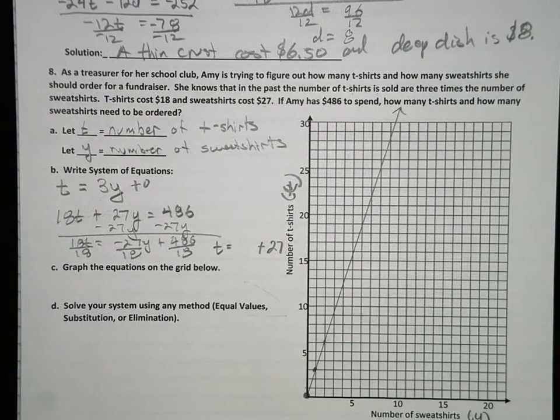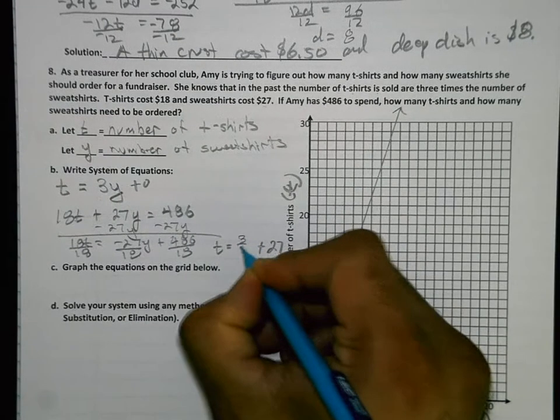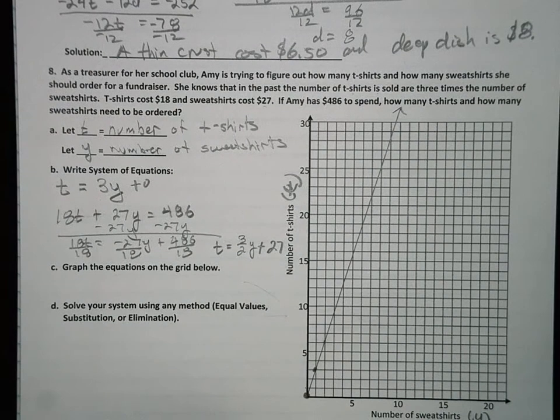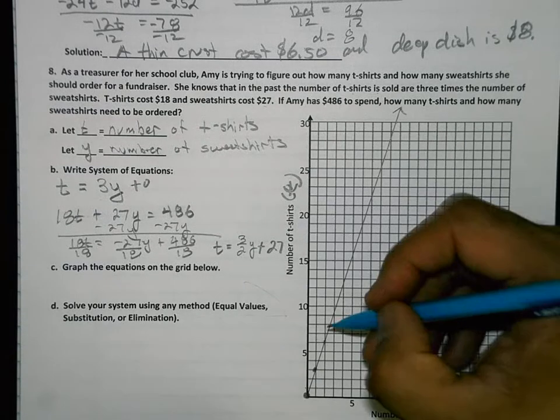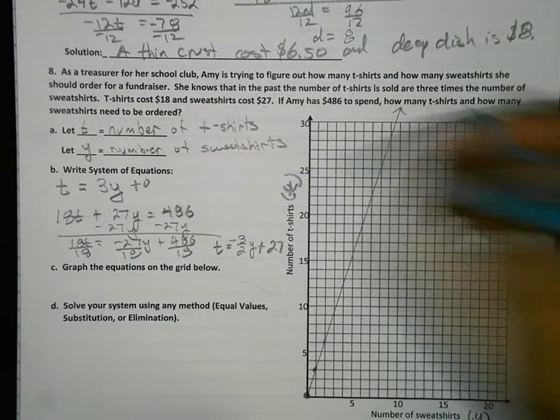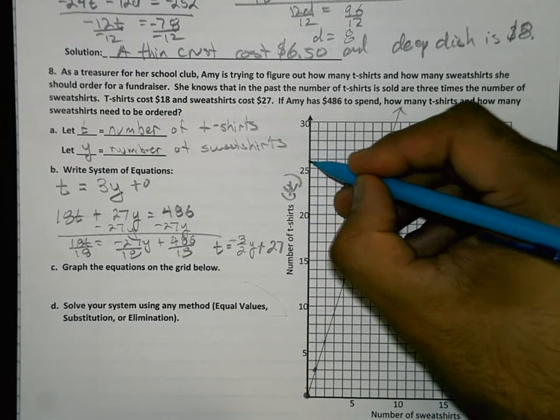So 3 over 2. Okay. So start at 27. Sorry, it's negative 3 over 2 because it was a negative right here. 27, so 25, 26, 27.